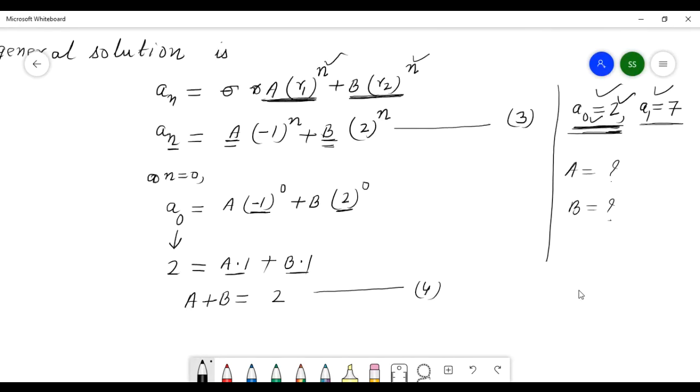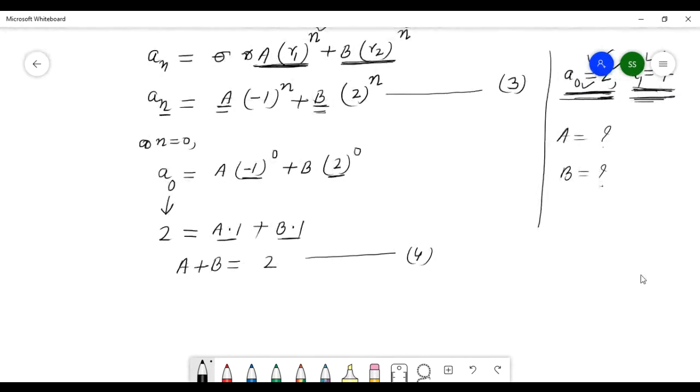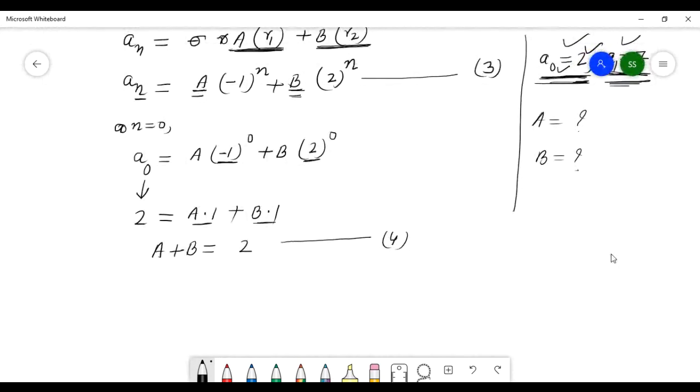Okay. Now use this: a1 equal to 7. Condition a1 equal to 7, here again in the general solution. Okay. So now a1 means use n equal to 1 in the general solution. Where is the general solution?